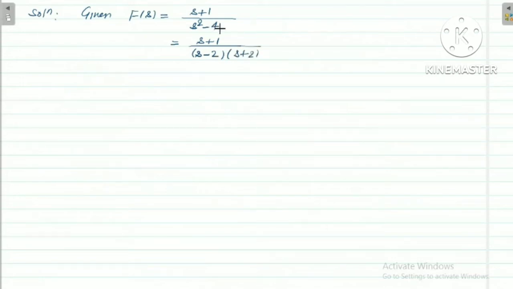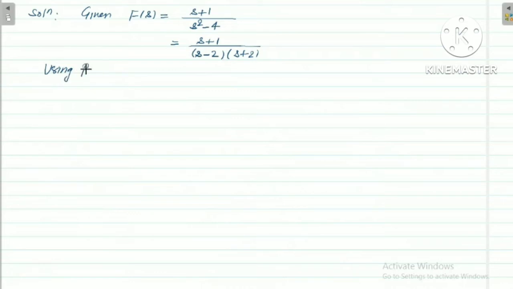I'm using the formula of a square minus b square. 4 can be written as 2 whole square, so this becomes s square minus 2 square. The factors are (a plus b) and (a minus b), or vice versa. Is this linear or quadratic? Linear. Yes, linear factors.